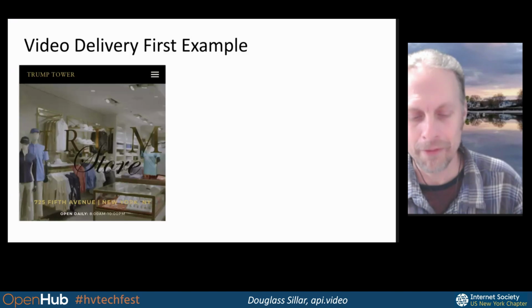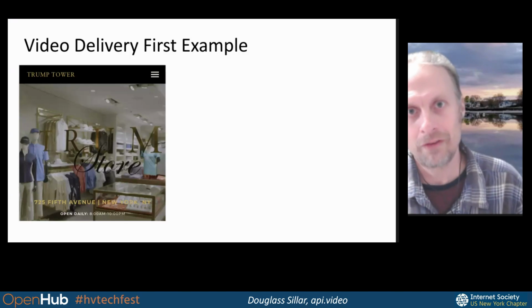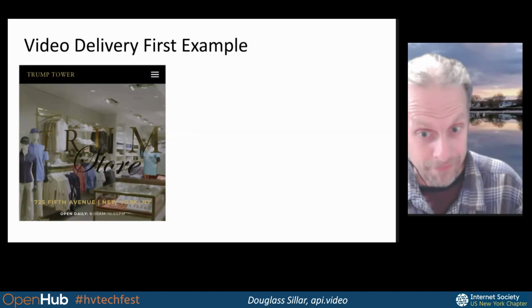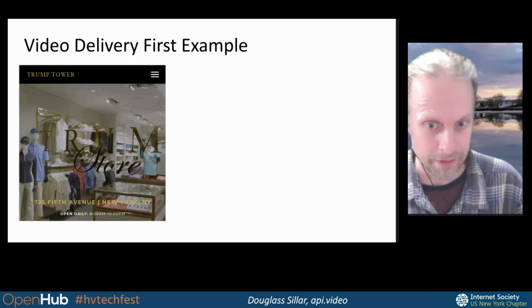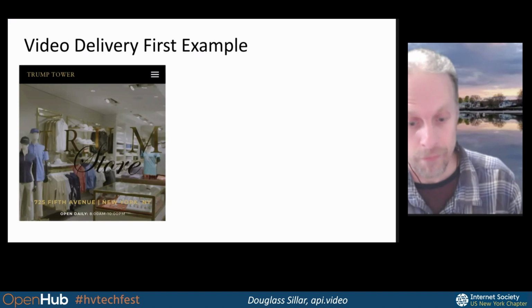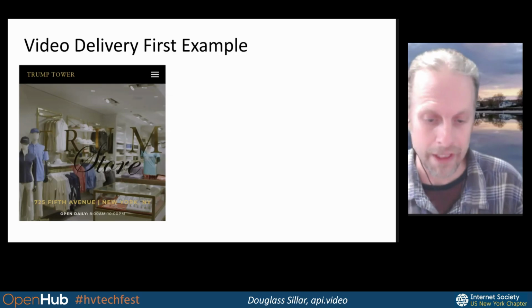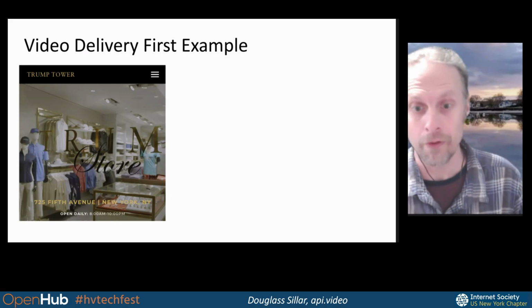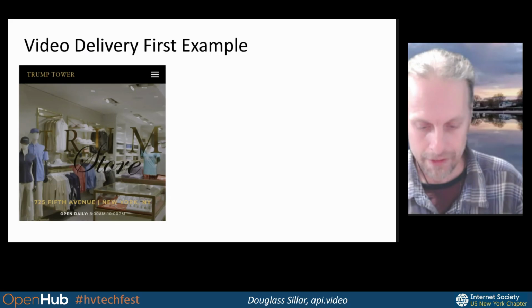But I want to talk about some interesting approaches to doing video delivery. And my first example is from a fairly famous gold gilded building in New York City. The former guy, right? We all know who this is. When you load up this page, there's a background video, and you can see that it's showing off all the wonderful things you can buy in this store in this building.